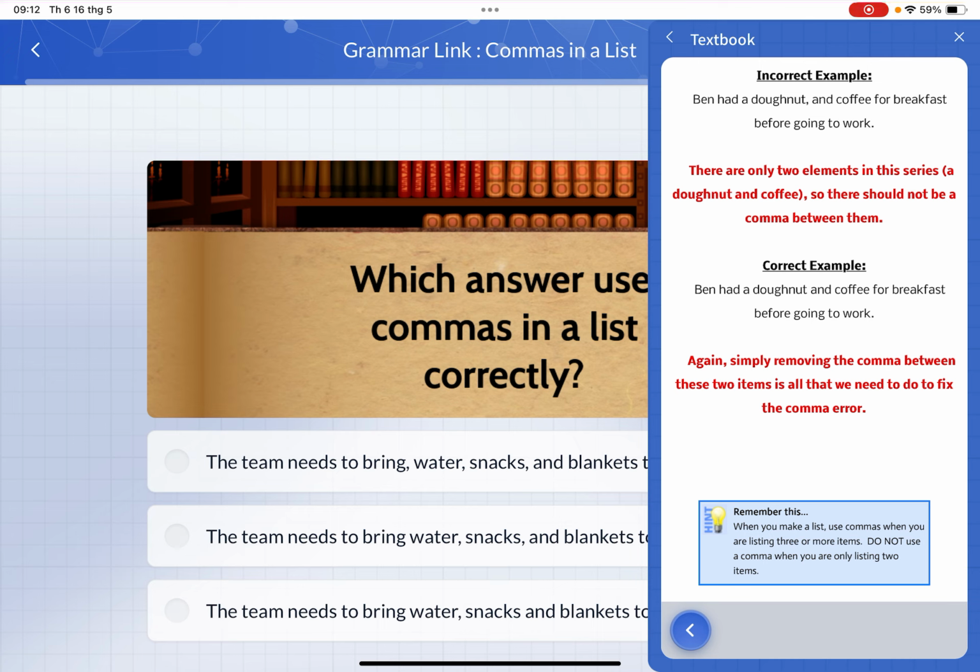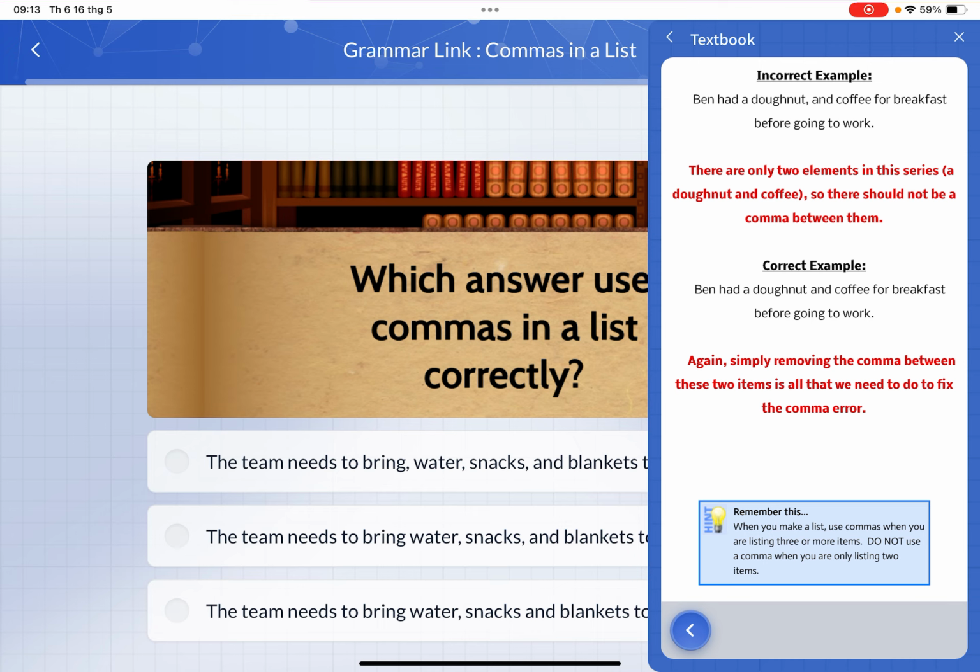So remember this. When you make a list, use commas when you are listing three or more items. Do not use a comma when you're only listing two items. And when we add commas to a list of three or more items, we do not put a comma after the last element in the series. So that's all about commas. It's really easy.